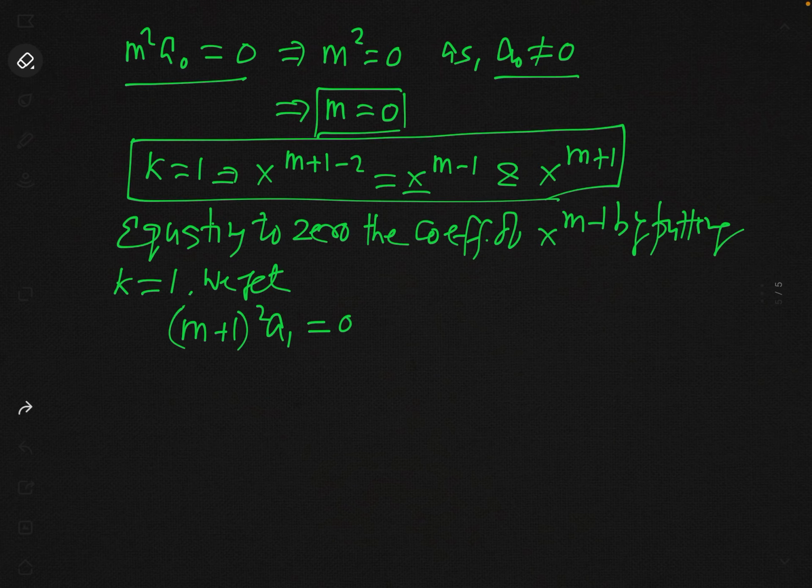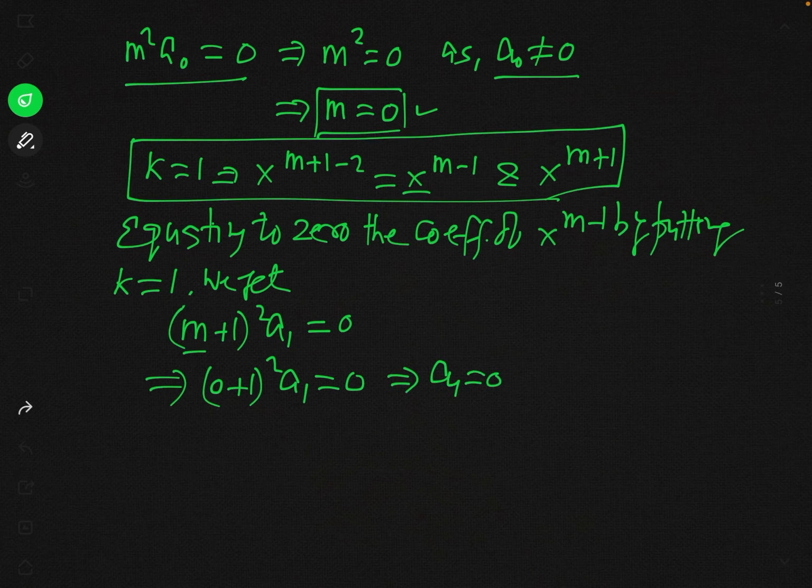So you can see here that we have already obtained m equal to 0. So if you put the value of m here, this will be 0 plus 1 whole square into a1, and that is equal to 0. And so a1 is equal to 0. So this coefficient a1 has been found to be 0.